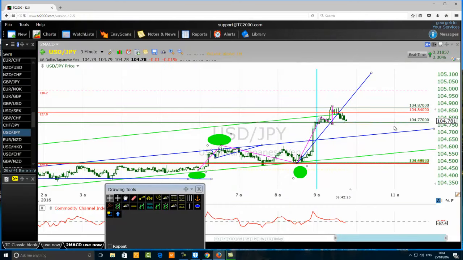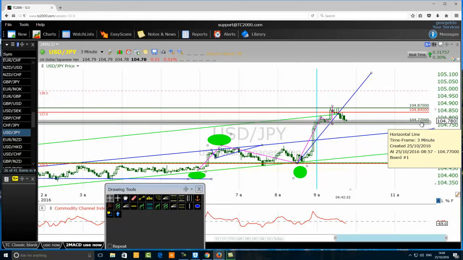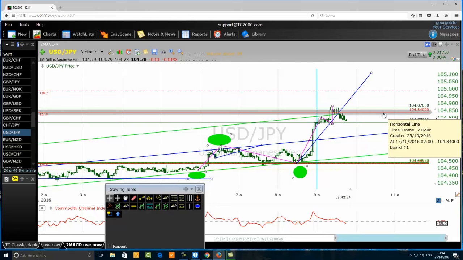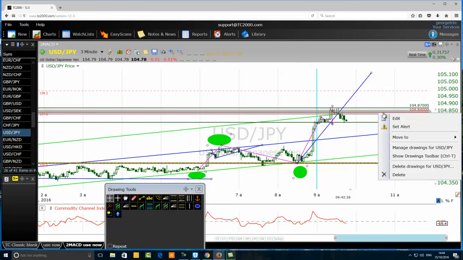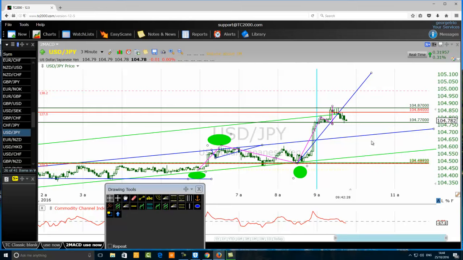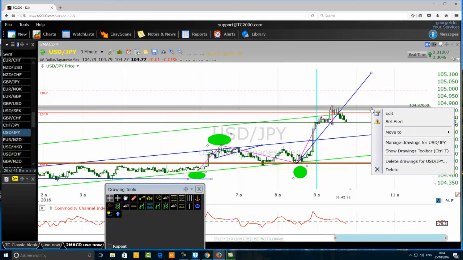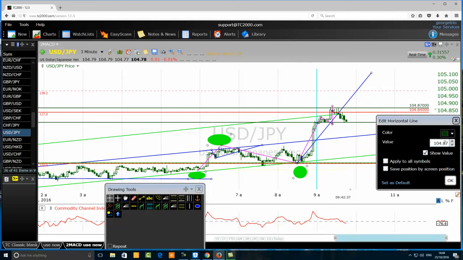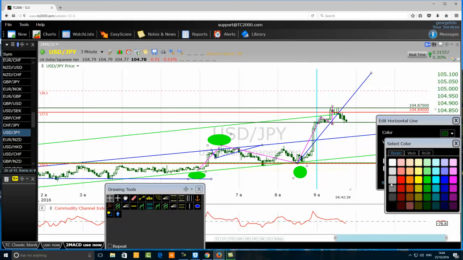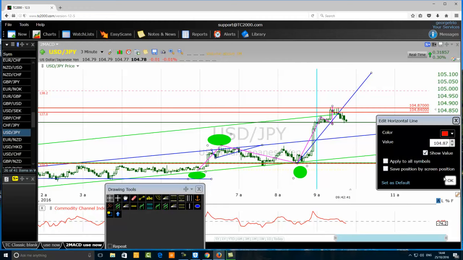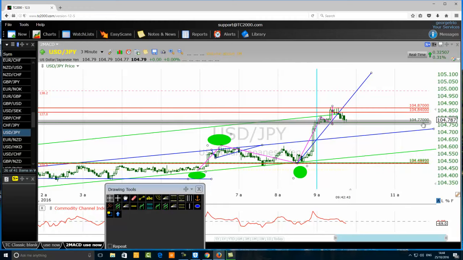So I've sold at 104.77 using a 10 pip stop loss. That's my stop loss, 10 pips at 104.87, entry at 104.77.